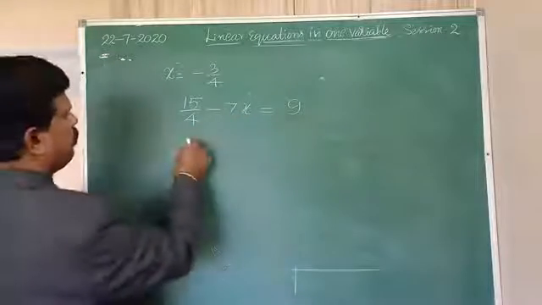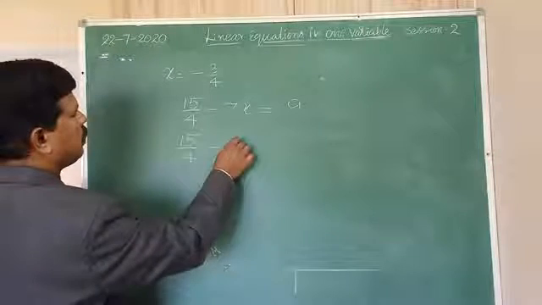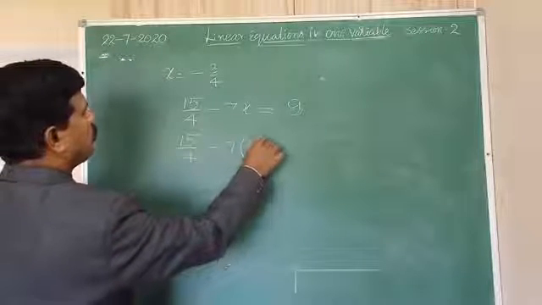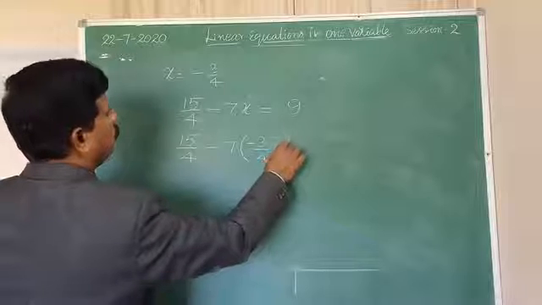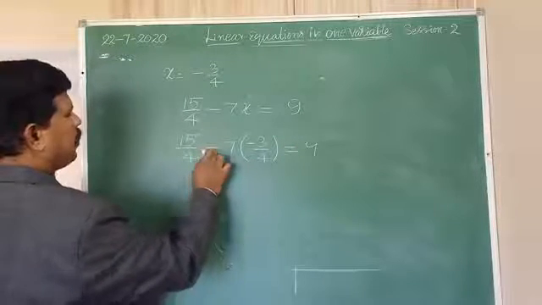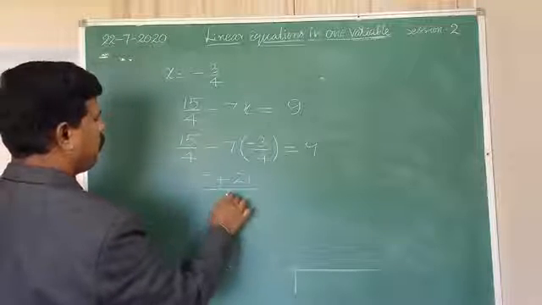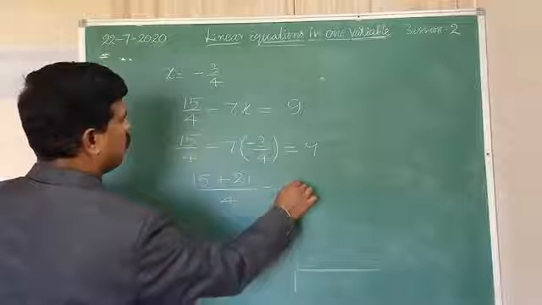Now, on substituting the value, 15 by 4 minus 7 of minus 3 by 4 equals 9. Now 15 plus, minus into minus is plus, 7 threes are 21 by 4 equals 9.